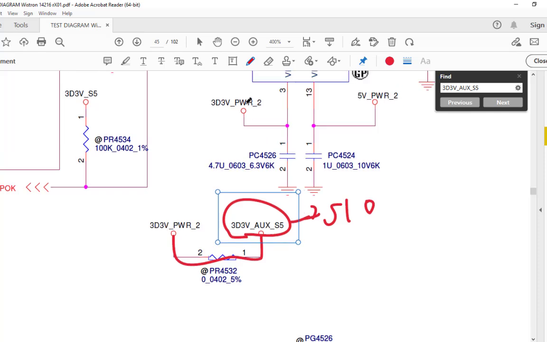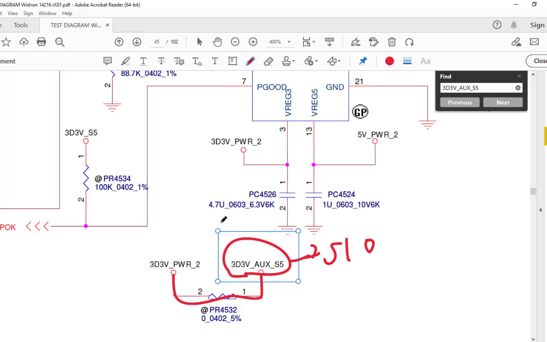You can see these 2 points have the same name, 3D3V underscore PWR underscore 2, and here is also mentioned the same name. That means both points are connected to each other.